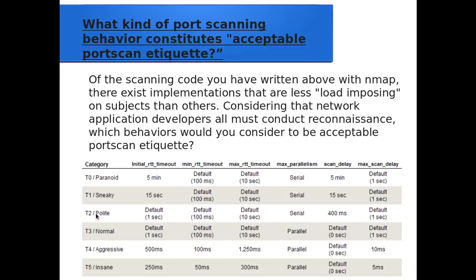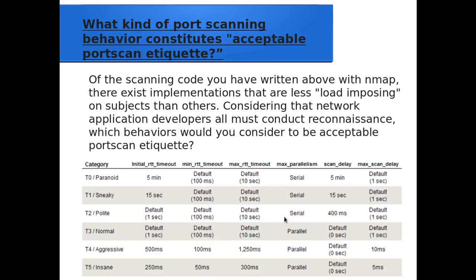The third template is the T2, the polite scan or template, which has a default round trip time of 1 second. That is even less than the 15 seconds and the 5 minutes specified in the paranoid template and the sneaky template, which means that you will wait less time before sending another data package.